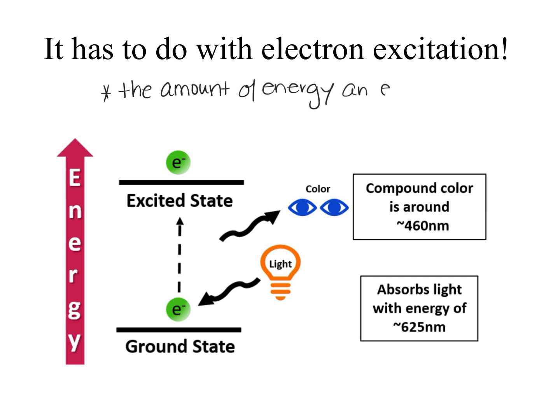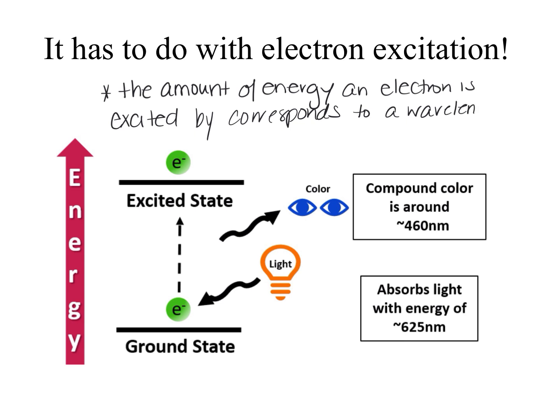So the amount of energy an electron is excited by corresponds to a wavelength of light. And if it's visible light, that's what we're able to see.